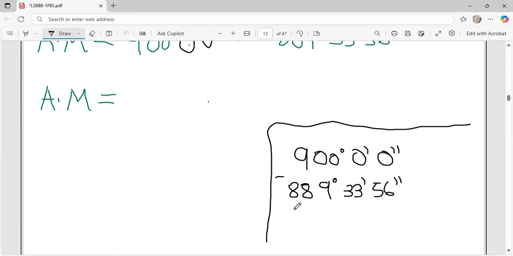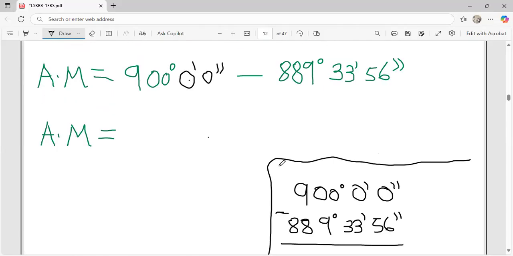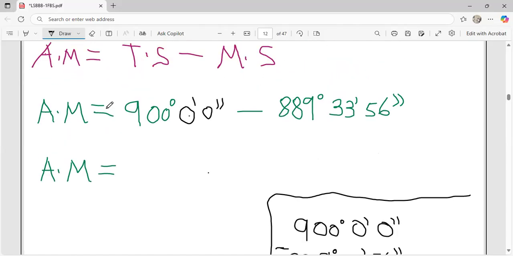Okay, so if you do the subtraction, you can even choose to do it this way. You borrow one from here and add to this, and then life becomes much easier. But if you also know how to punch it on the calculator, why not? You can just quickly do that, and life becomes much easier. So let's all do that together.